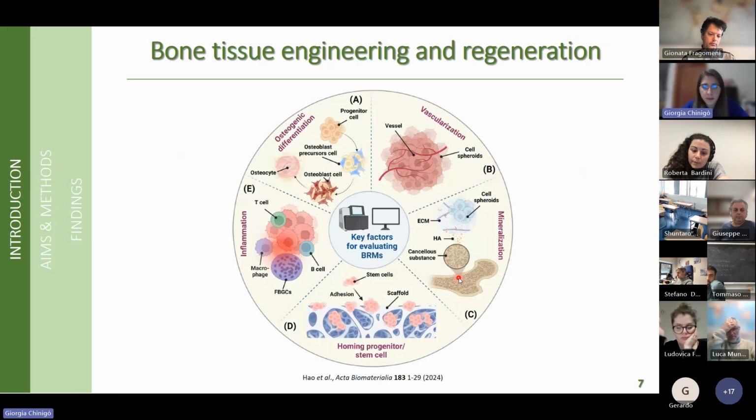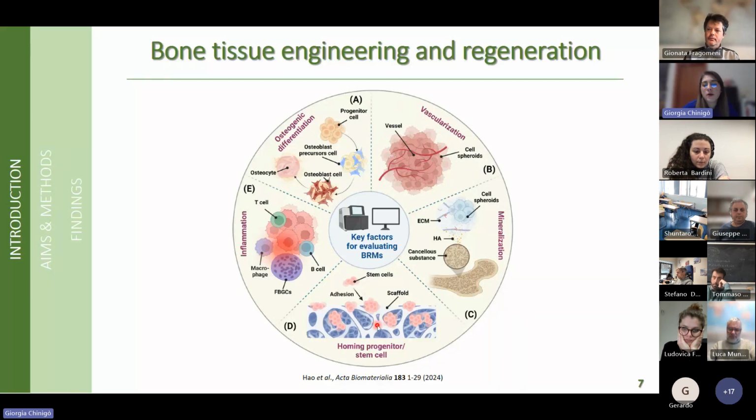From the biological point of view, because I'm a physiologist, these are the main aspects that should be taken into account when evaluating new biomaterials for regenerative medicine. First of all, the osteogenic differentiation of the cells. Secondly, the inflammatory response induced.